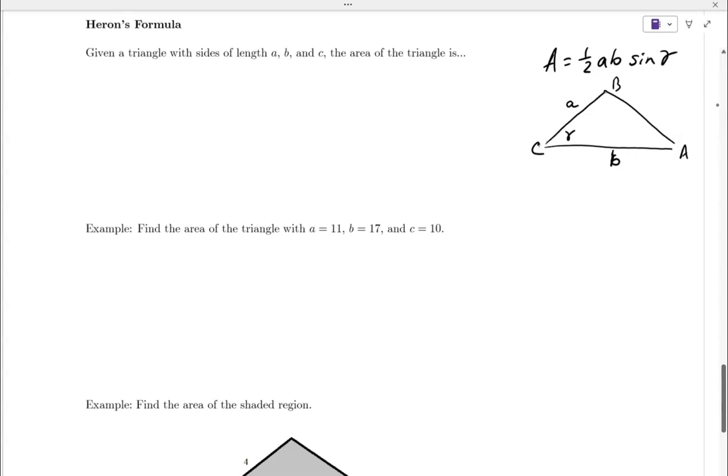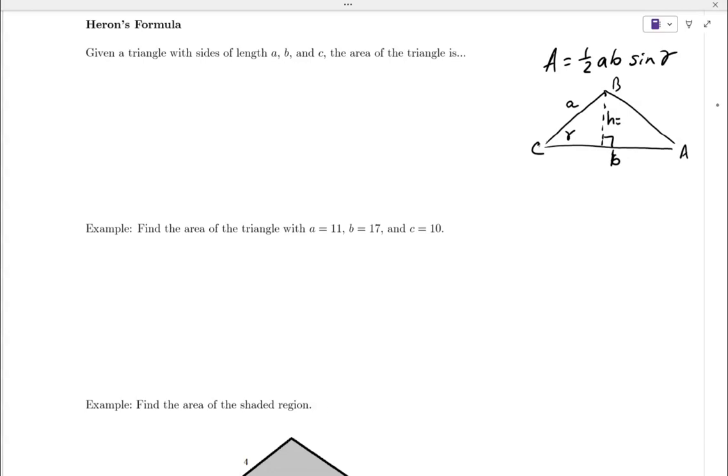The reason why this works is remember that your formula for the area of a triangle is 1/2 base times height, right? Well, the way I drew this picture, what do you think I want to use as the base? B, right? So if I take this perpendicular down, this would be the height, right? We agree? If I do that perpendicular down, that would be your height.